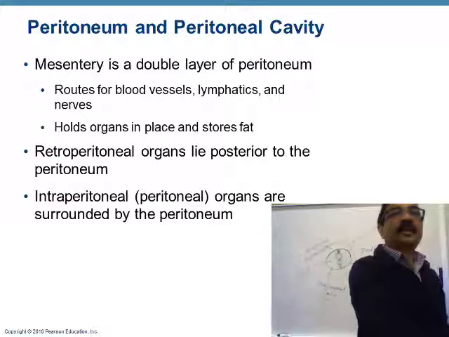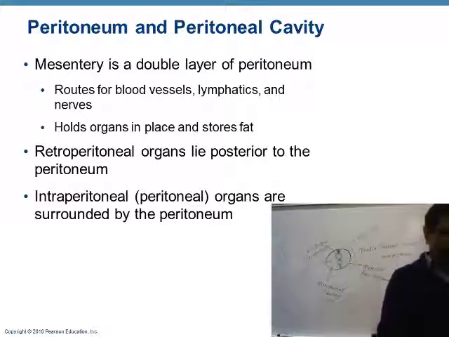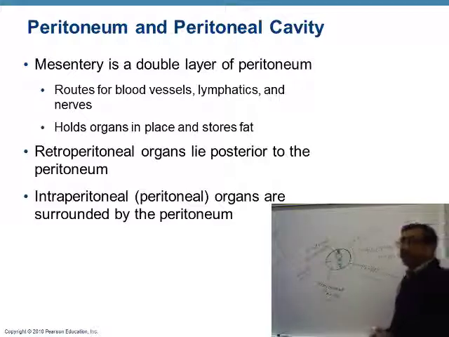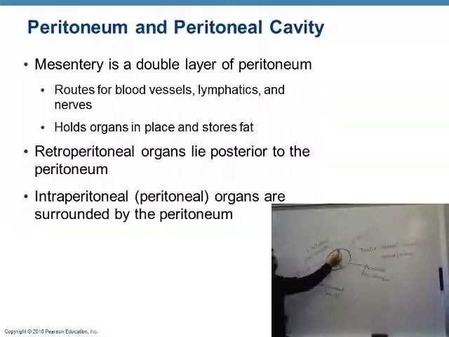Retroperitoneal and intraperitoneal organs. Intraperitoneal, intra means inside. So these organs like stomach, liver are inside the peritoneal cavity. So these are intraperitoneal organs. You have a few organs that are located outside of the peritoneal cavity.